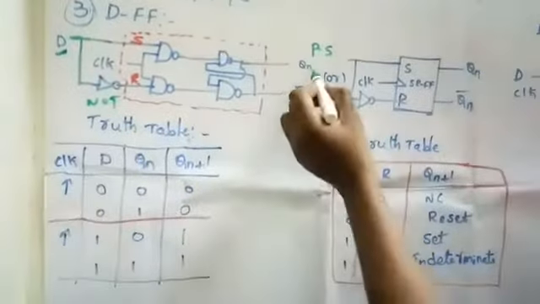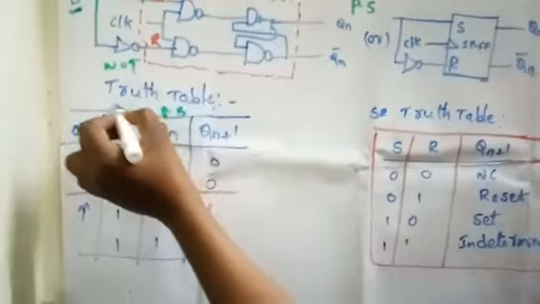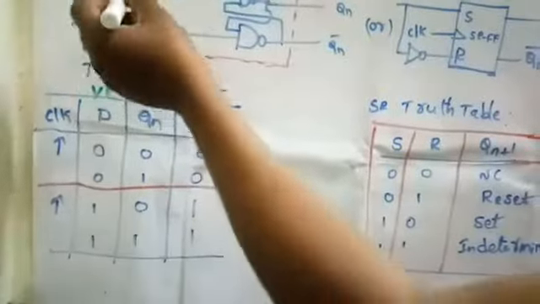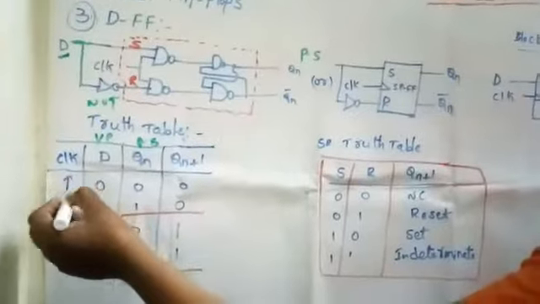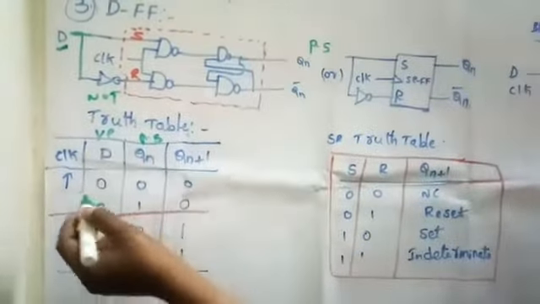That's why we take Qn also as an input. And the clock we are also going to apply. Here, for example, let us assume a positive clock. Rising edge means positive clock. In some cases you may take the falling edge also, that is a negative clock.